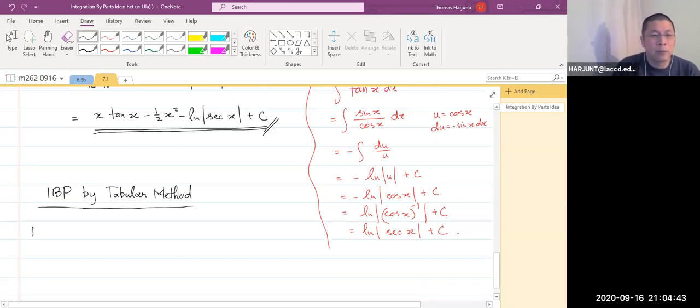Let's say, for example, I want to do integration by parts for integral of x cubed times sine 2x dx.